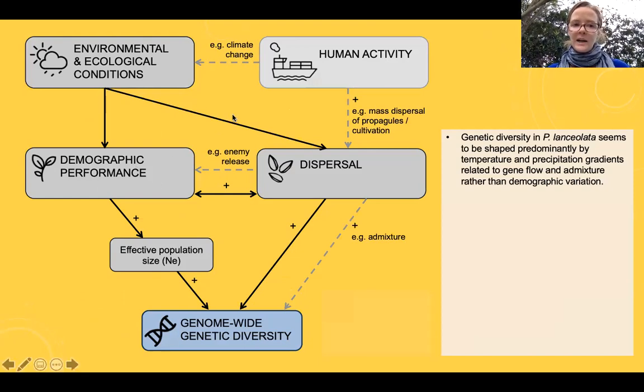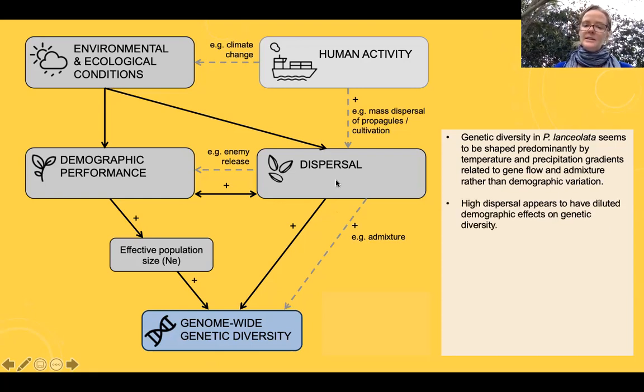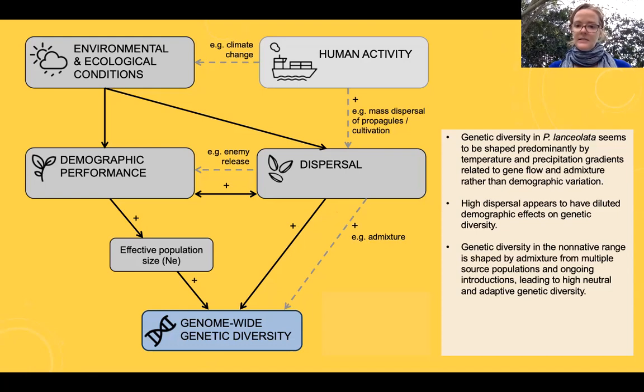So we think the effect of the environment on genetic diversity is happening predominantly through that dispersal pathway. High dispersal appears to have diluted any demographic effects on genetic diversity, and our simulation models showed that this would happen in this species.